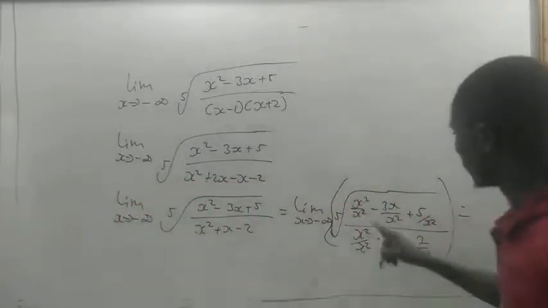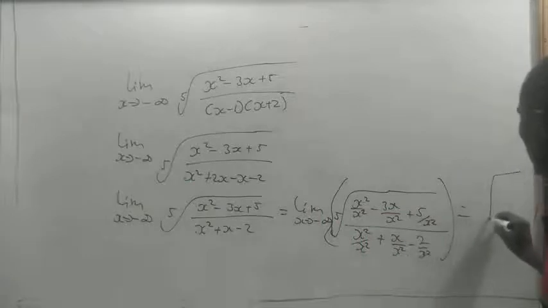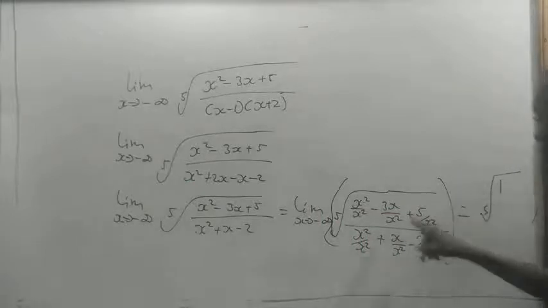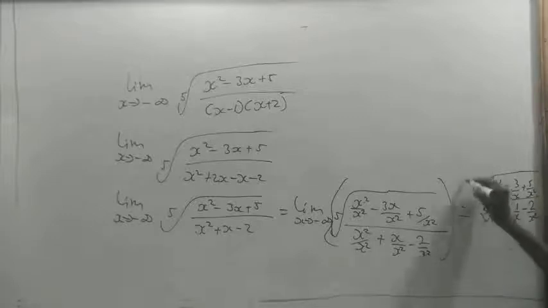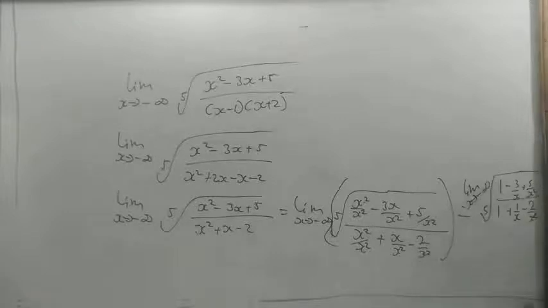Now this one will be the fifth root of 1 minus 3 on x plus 5 on x squared, all divided by 1 plus 1 on x minus 2 on x squared, as the limit as x approaches negative infinity.